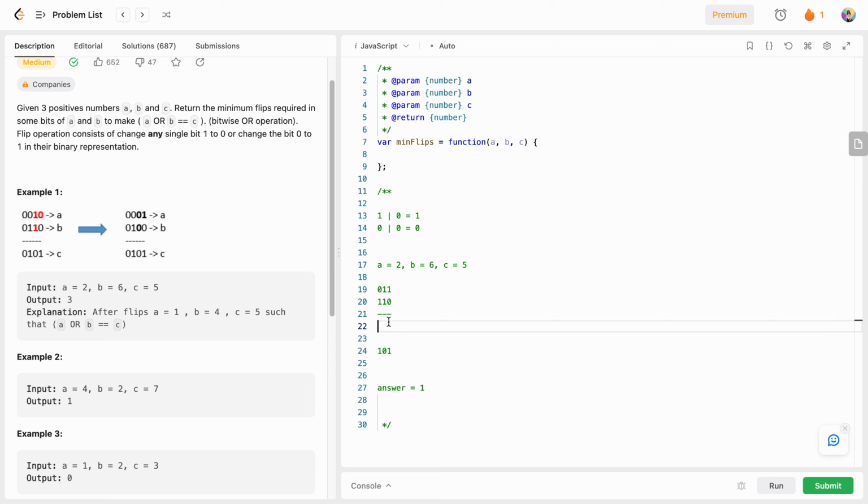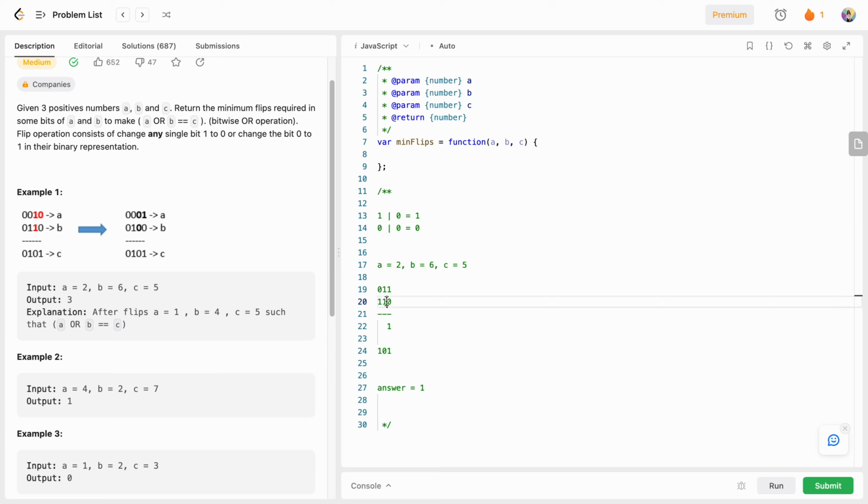That would give us a 1 here. Now let's check the second last bit. In this bit we have a value 0. Now for 0, what do we need? Both values should be equal to 0.